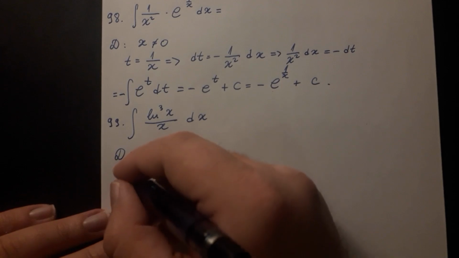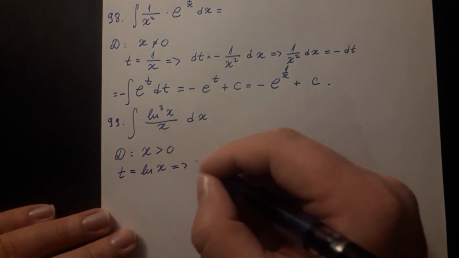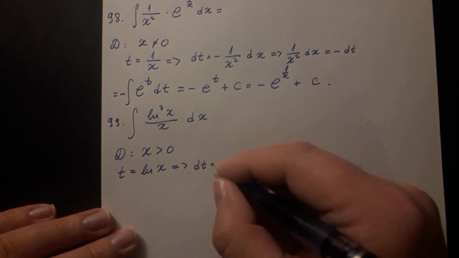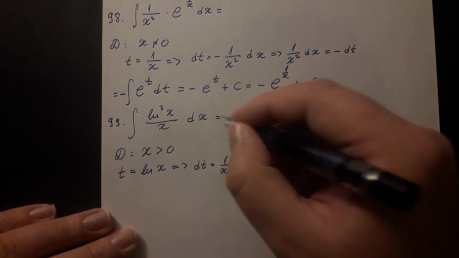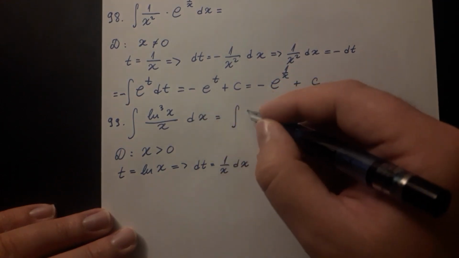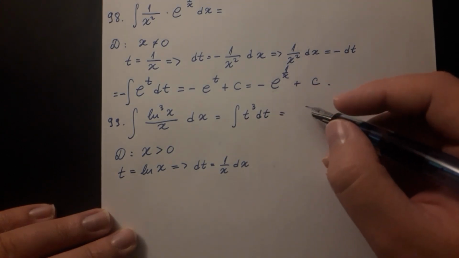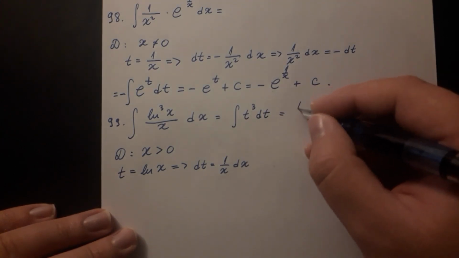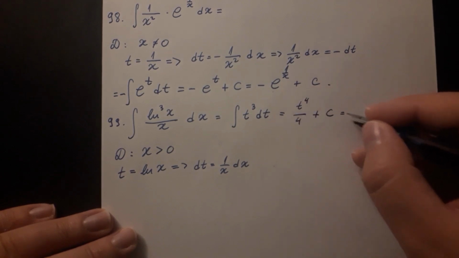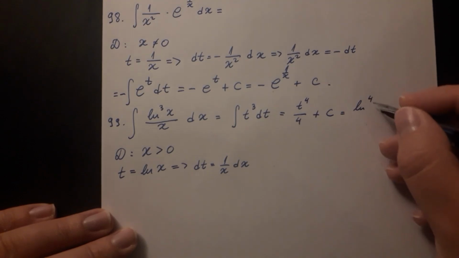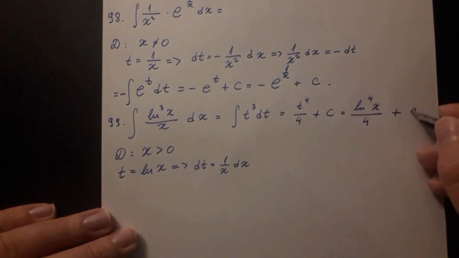We can introduce the substitution that t is equal to ln of x, and that means that the differential of t is equal to 1 over x differential of x, and our integral then becomes t cubed times differential of t, which is equal to t to the power 4 divided by 4 plus c, which is equal to ln to the power 4 of x over 4 plus c.